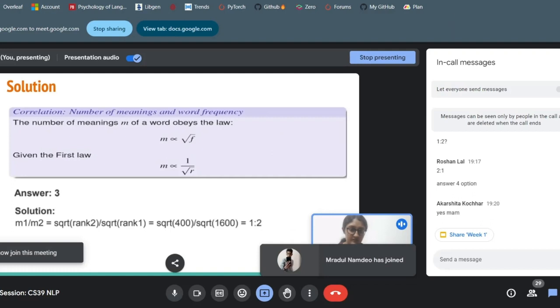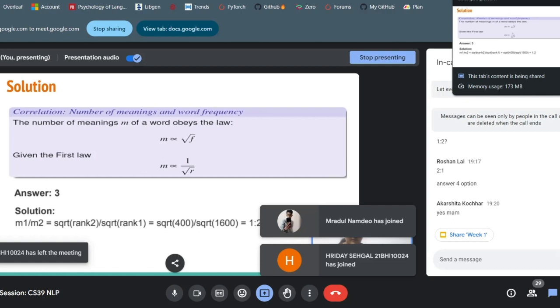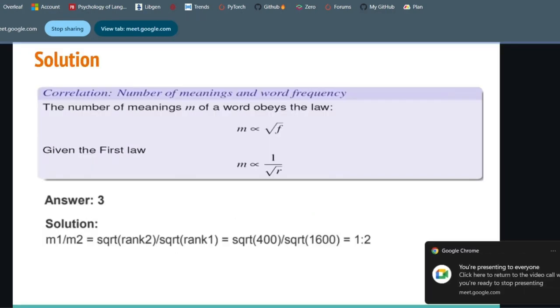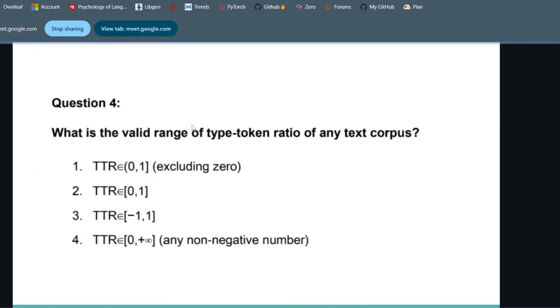Some people just joined the live session. So we are solving practice problems from week one's content, and this was the last problem that we solved. You all can also solve this parallelly. I'll move on to the fourth question, but if anybody has a doubt, the people who recently just joined the live session can ask meanwhile while we solve the next question.